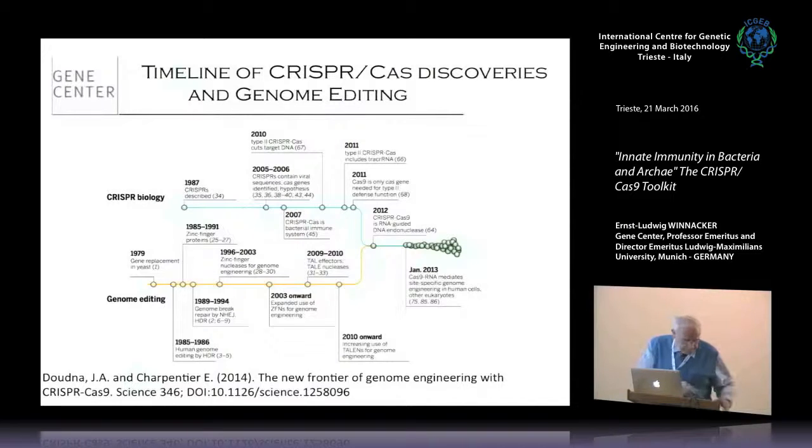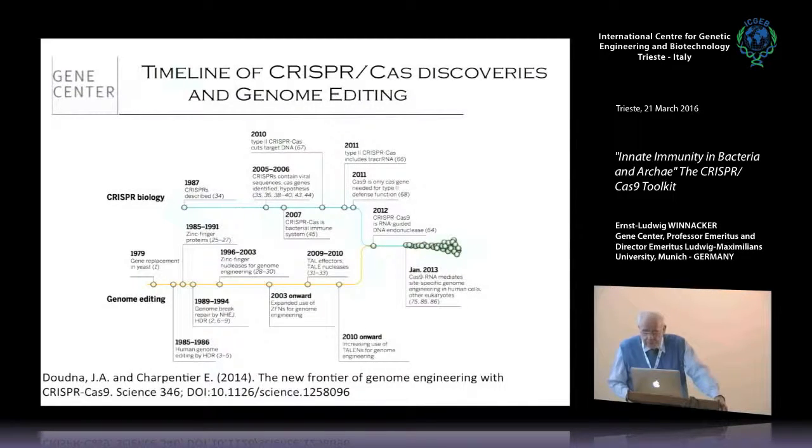It started actually in a company which produces yogurt and cheese, Danisco, which now belongs to DuPont. They had observed that when they produce yogurt, occasionally they lost all their cultures due to bacteriophage infection.